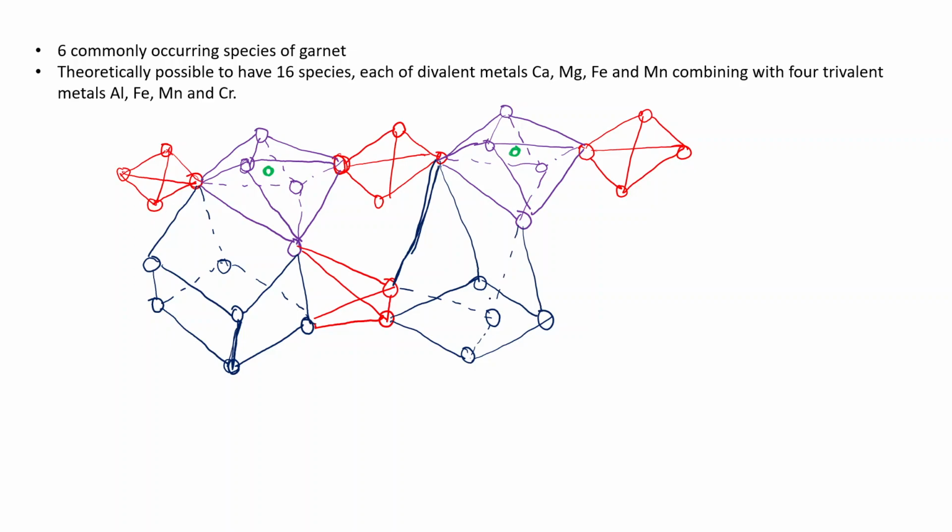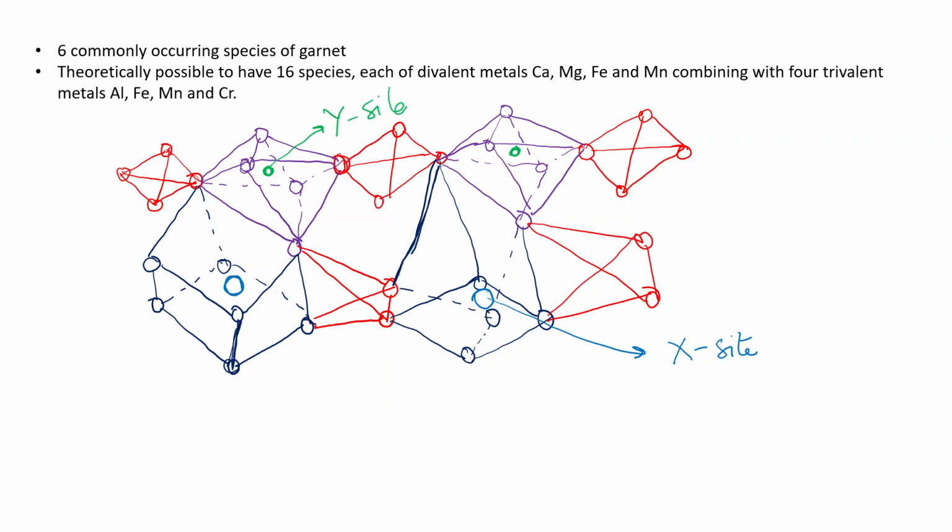So we again got a distorted cube, and after that again we have a tetrahedron, this way. All right, now you have to remember, as I have previously mentioned, the more the space, it is going to accommodate the larger ions, that will be the X cation or X site. So the dodecahedrons have the X site or X cations, while the octahedrons will accommodate the Y cations, or it is the Y site.